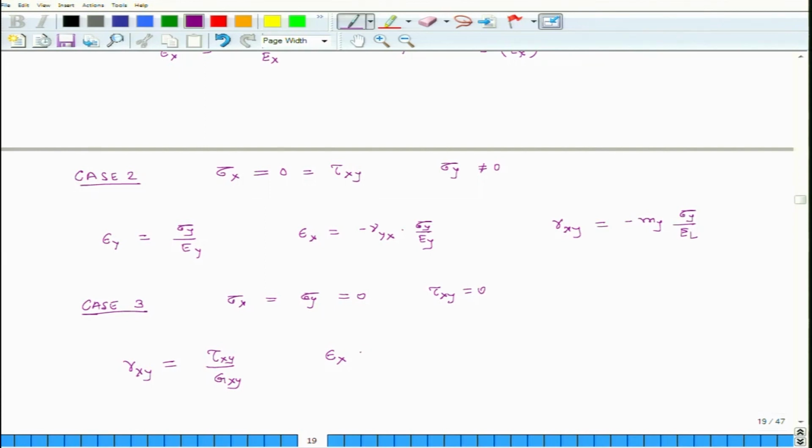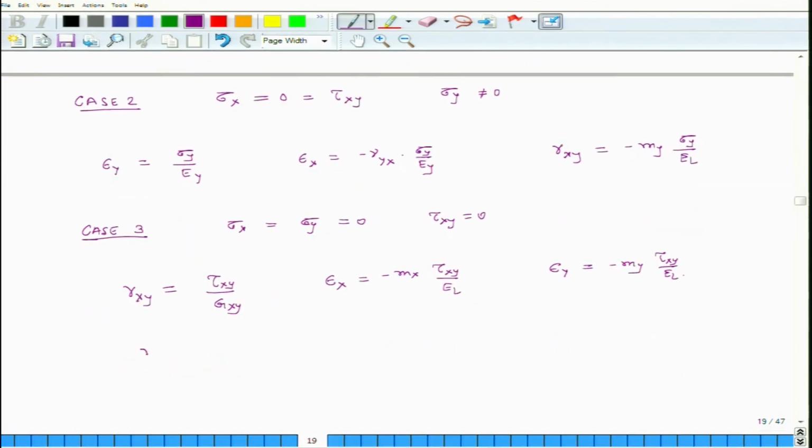So, it will generate epsilon x, and that is equal to, when we observe it, we find, and this we will later prove these relations, minus mx tau xy divided by EL, and epsilon y equals minus my tau xy divided by EL.